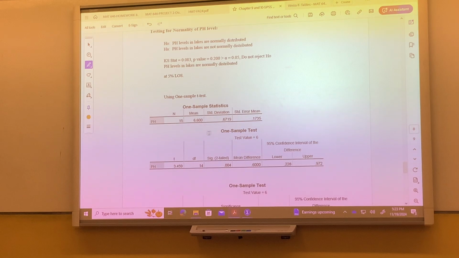You can see the mean is 6.6, the mean x bar is more than 6. However, we're going through the whole process to test if this is really true, or did it just show up? Did something more than 6 just show up in my sample, or is it true for all of these lakes?